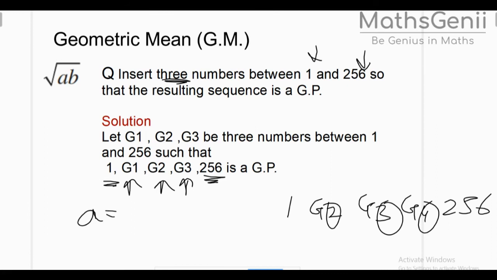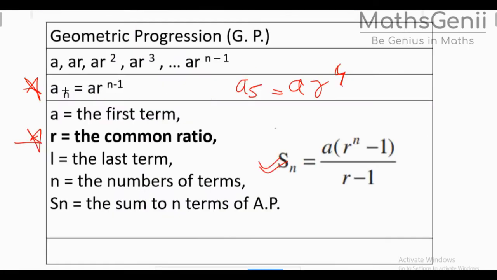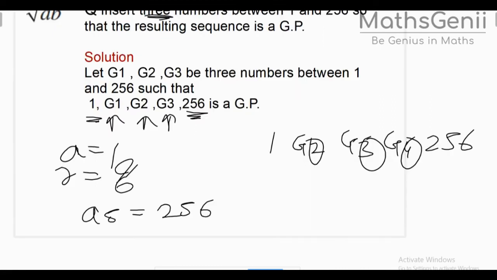So what is A? A is the first term. R, ratio I don't know. But I know the 1, 2, 3, 4, fifth term. I know the fifth term, which is A5 is equal to 256. So what is the general formula? An is equal to a r to the power n minus 1. Correct?